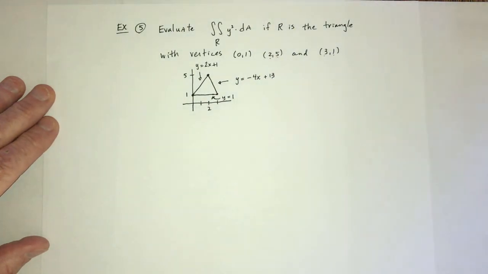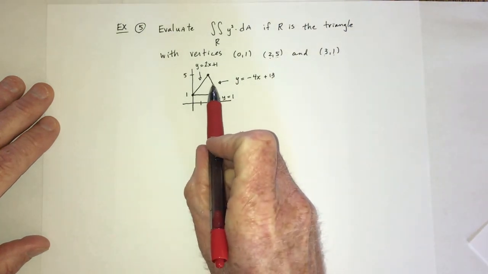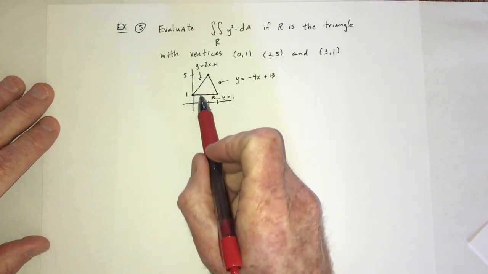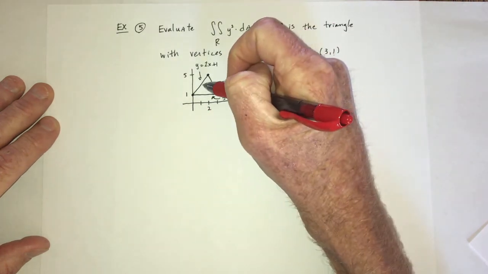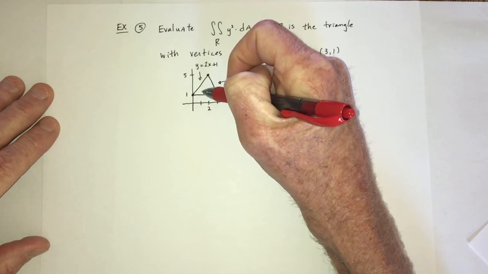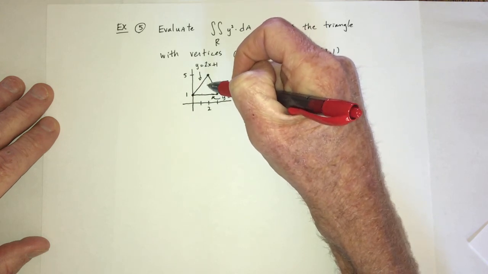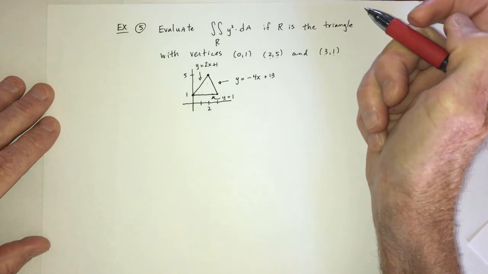All right, now for setting up the integral. So again, get the red pen, which is right here, and make the representative rectangle either go sideways or vertical. Well, on this picture, if you do it vertical, you're going to have to do 2 integrals. One that goes from this line to the bottom, and then one that goes from this line to the bottom, and you'll have to divide it right here at x equals 2 and do 2 integrals.